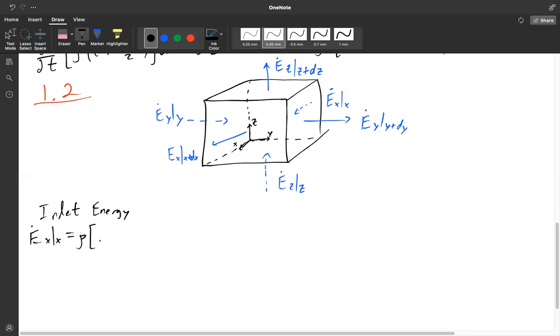Rho times e plus the magnitude velocity squared over 2, times u, because this is the energy multiplied by velocity in the x direction times the area that the energy is traveling through, and the area would be dy dz.